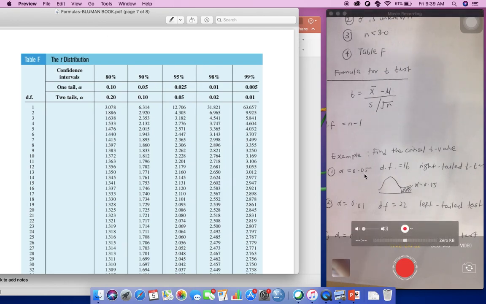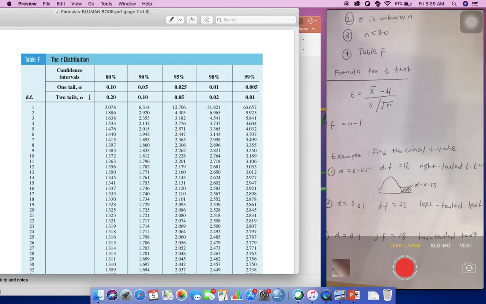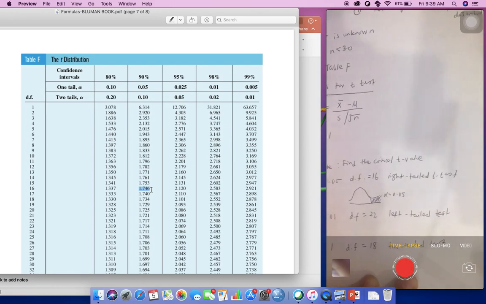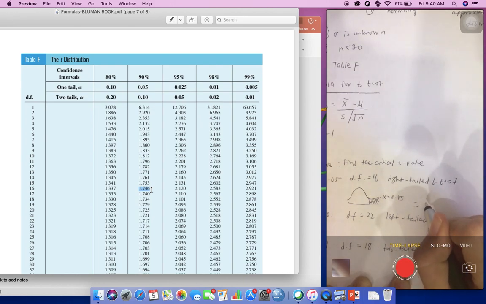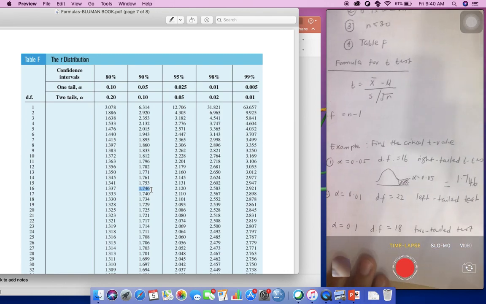Let's say alpha equals 0.05, for one tail because it is a right tail, and the degree of freedom is 16. The critical t-value is 1.746.